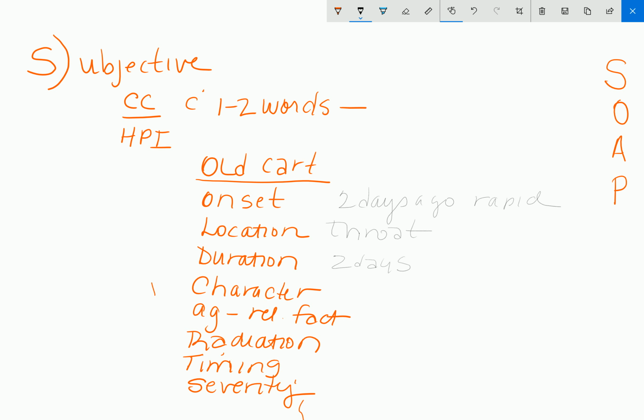It was 2 days ago. It's sharp, or achy, or throbbing. Does anything make it worse? Does anything make it better? Worse in the morning. Better with Tylenol.